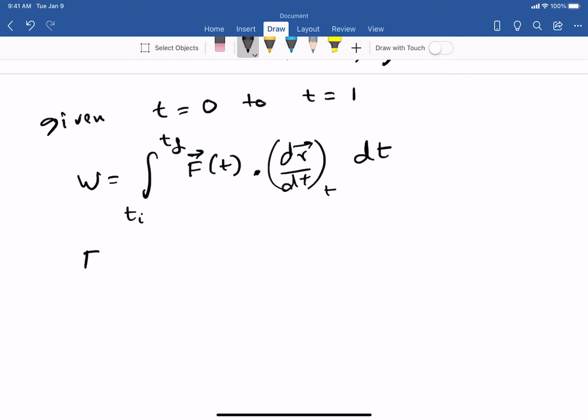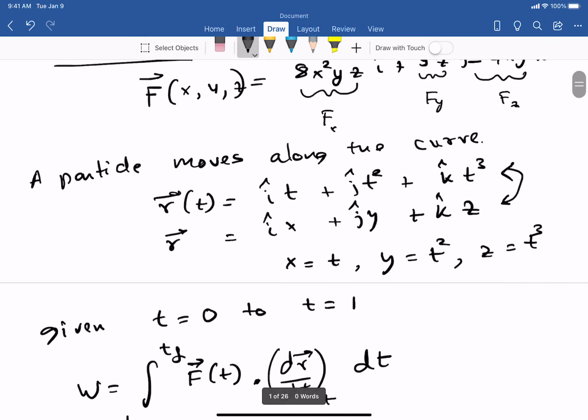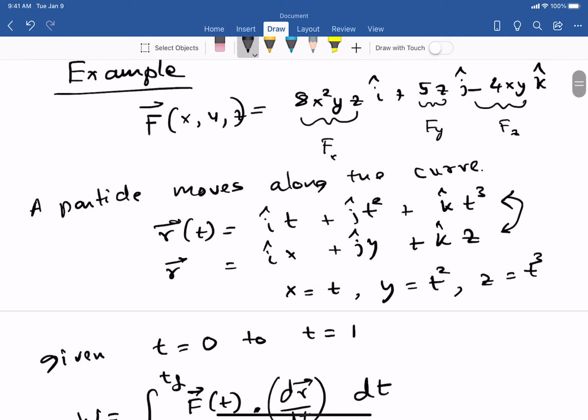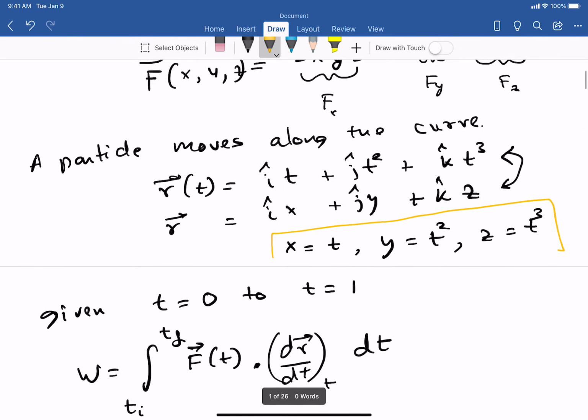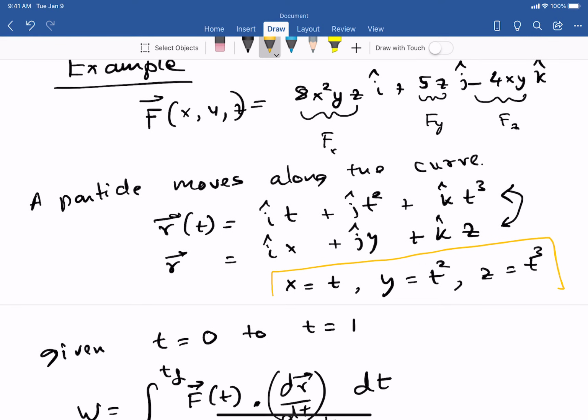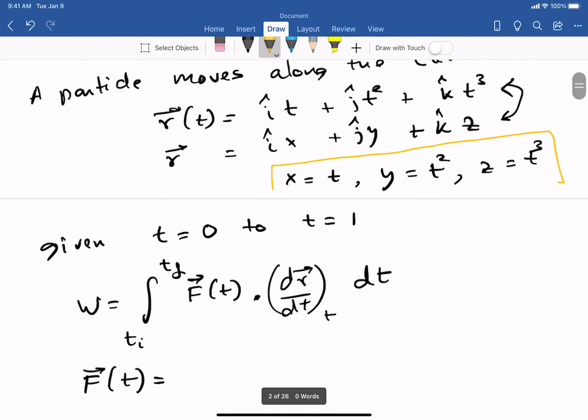So what is F evaluated at t going to be? All you have to do is just plug in the t, express x, y, and z in terms of t as we did right here. Just plug these into the expression for the force. So F of t would be 8x squared yz is what we have, right?